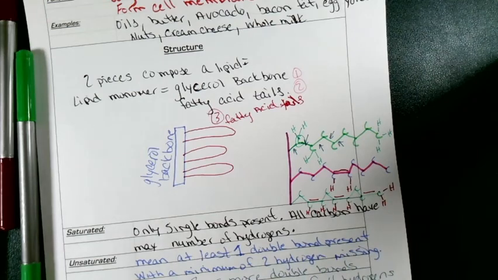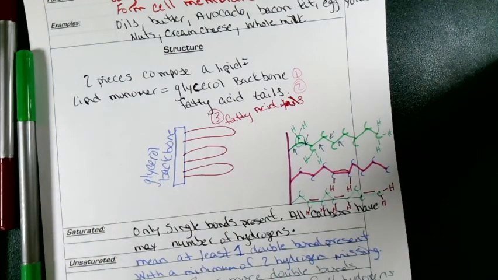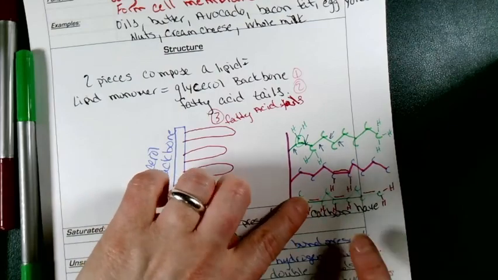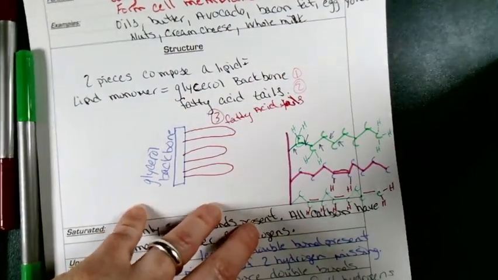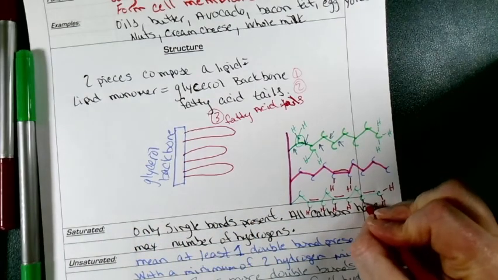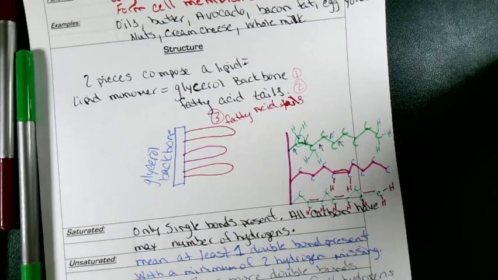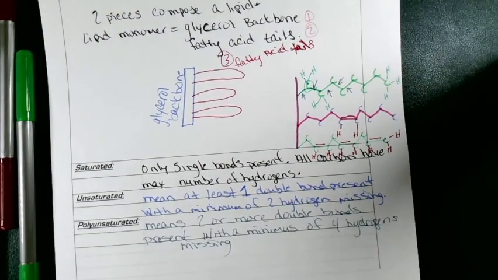So this is what we call a polyunsaturated because there's 3 bonds, so we meet our minimum of 2, and it's missing 1, 2, 3, 4, 5. Oh, and I forgot he is missing a hydrogen right here. He's missing a hydrogen, so we're missing 6 hydrogens total. So that is our polyunsaturated.